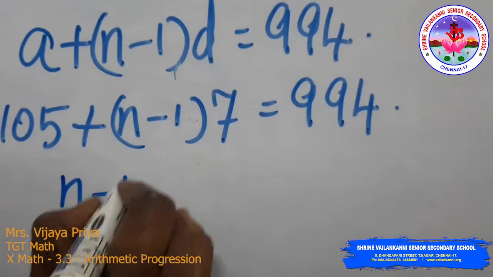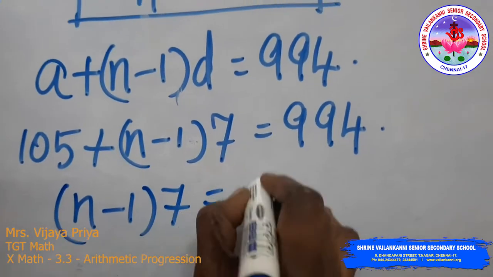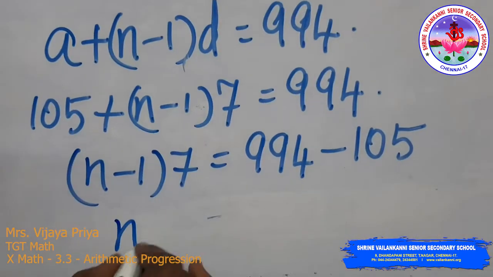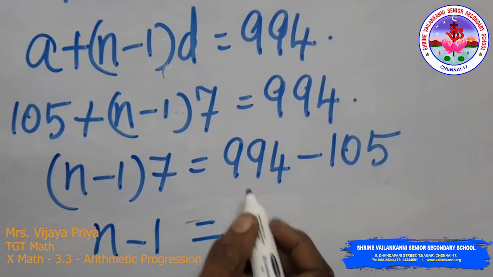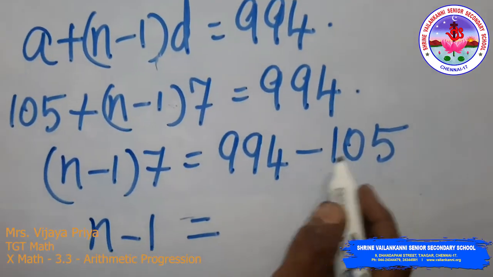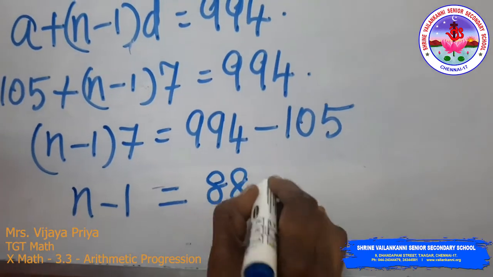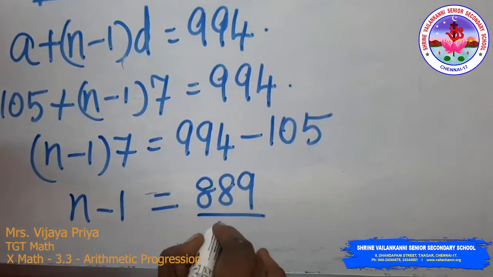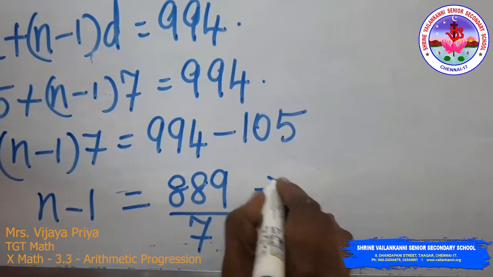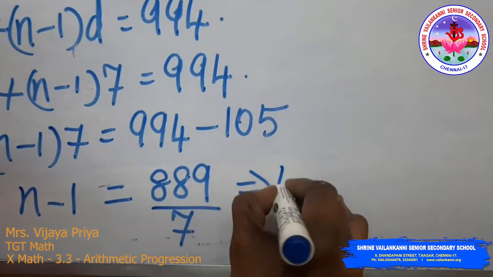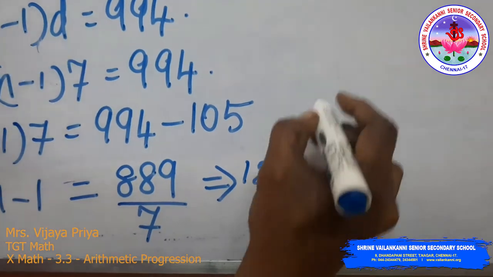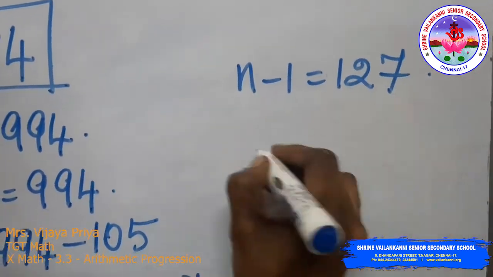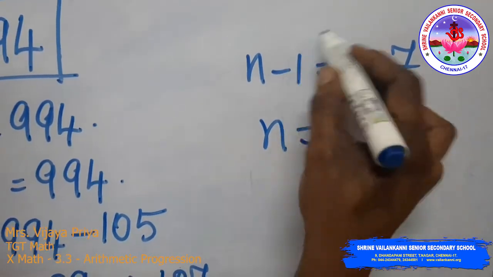I will get n minus 1 into 7 is equal to 994 minus 105, which is 889. The 7 goes to that side, so it comes under division. 889 divided by 7 gives 127. So n minus 1 is equal to 127, where n is equal to 127 plus 1, so you will get 128.